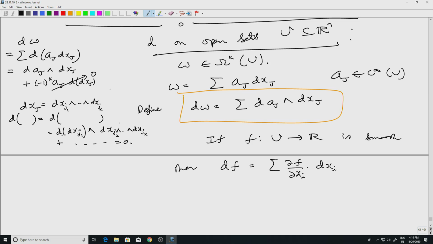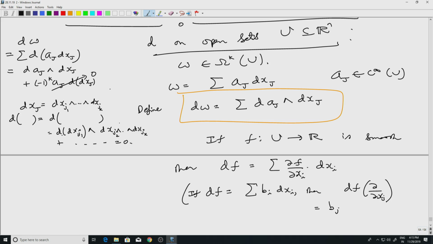And this is quite clear, because all one has to do is the same old way of getting hold of the coefficients whenever we have an expansion like this. If df is equal to, let's say, the sum of bi dxi, then df evaluated on del by del xj is this bj.